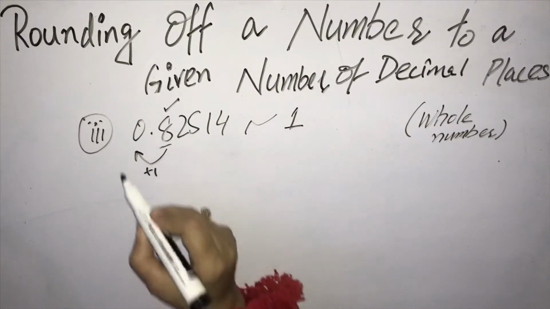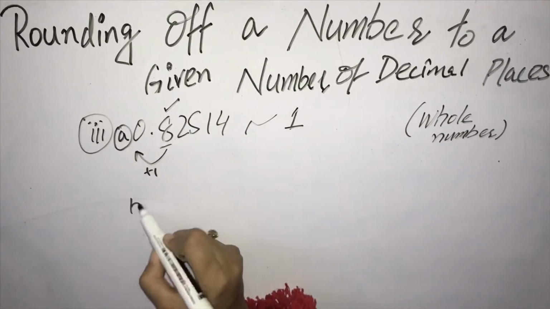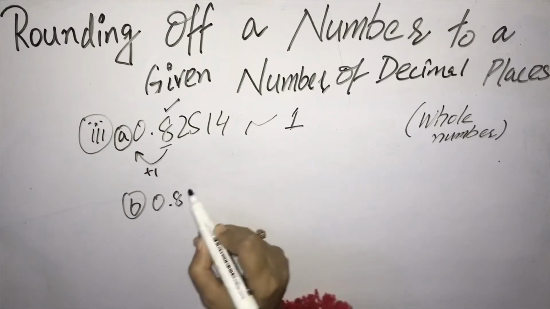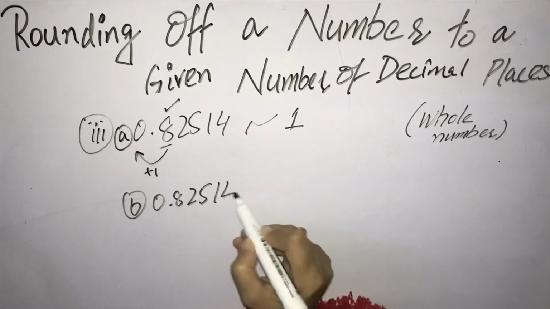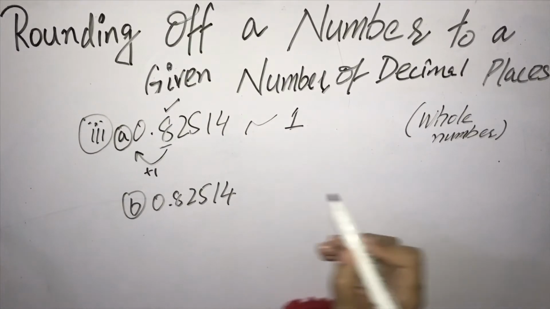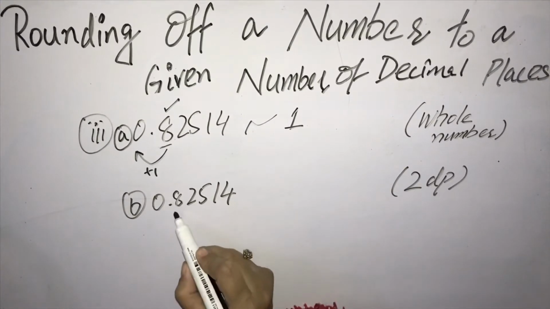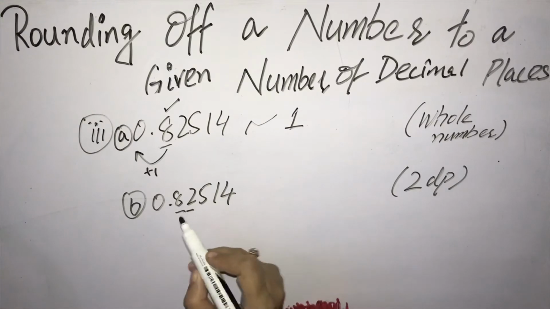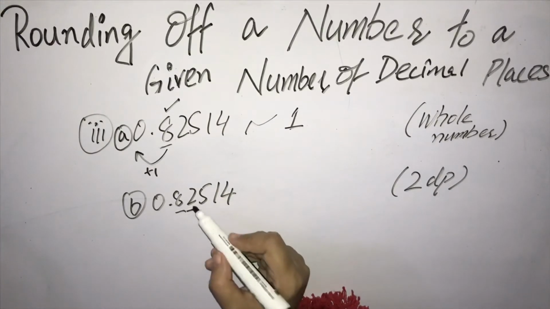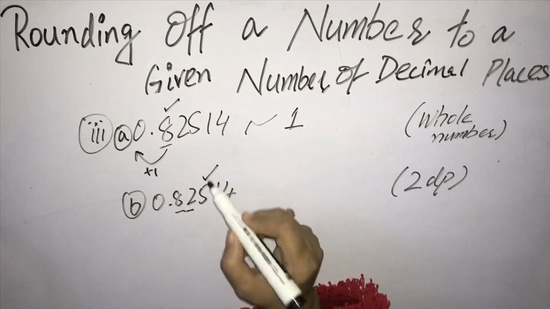If I have to convert this number, or if I have to round off this number to nearest 2 decimal places, I shall select 2 numbers after decimal, check the third one.